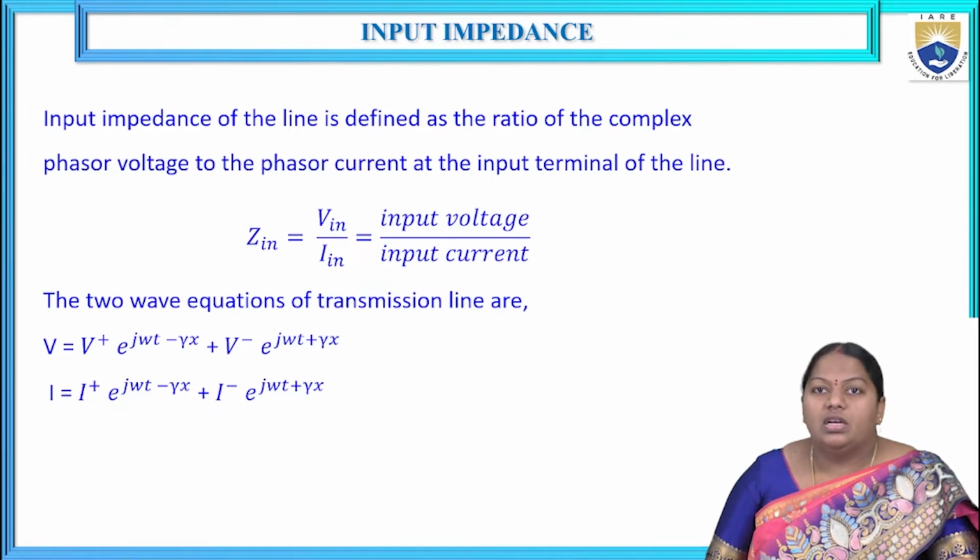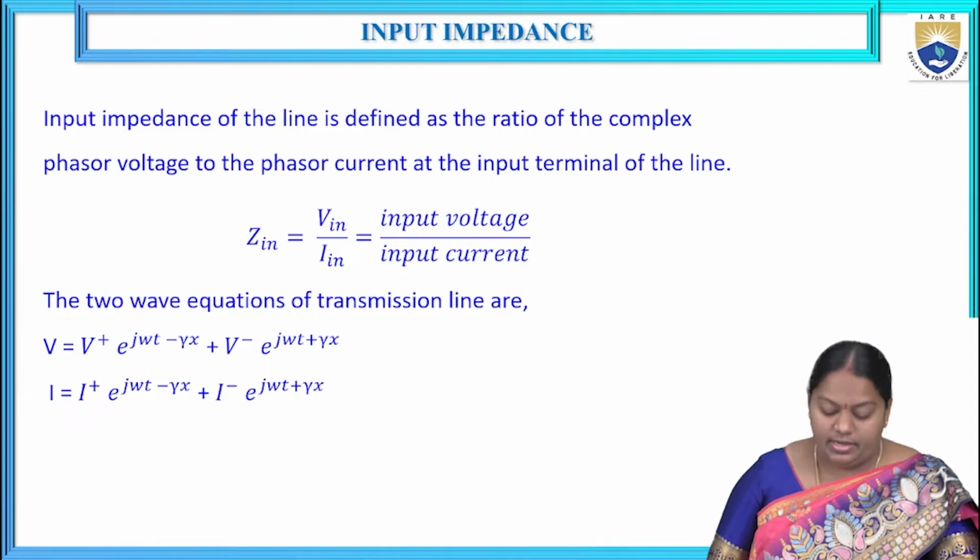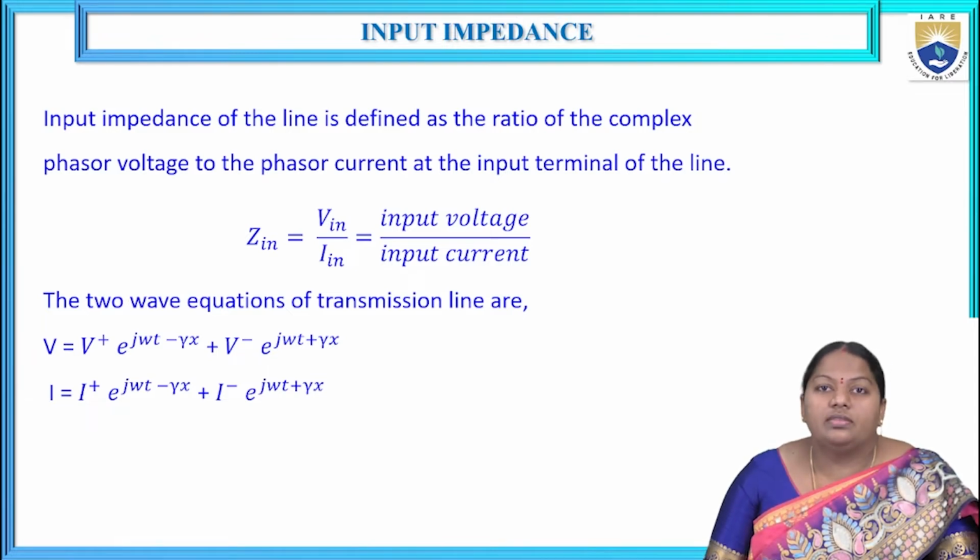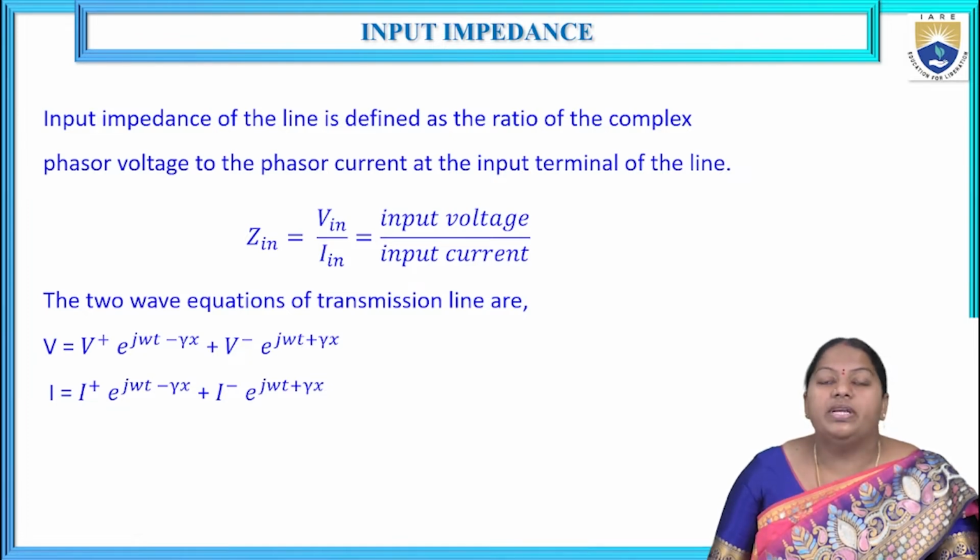Now from that, how the voltage and current equations are to be written. Then based upon that, we are going to derive the equations for reflection coefficient and standing wave ratios of the transmission lines. So, firstly, input impedance.